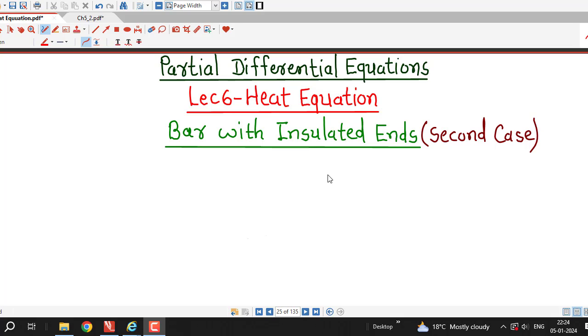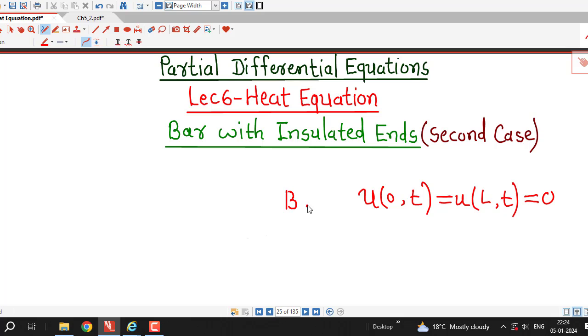So far we have discussed the heat equation with the boundary condition that temperature is 0 at both the endpoints. That was our first case. We must be familiar with these two types of boundary conditions.